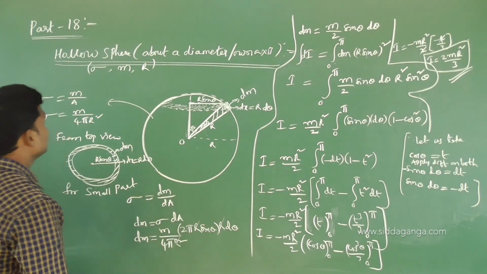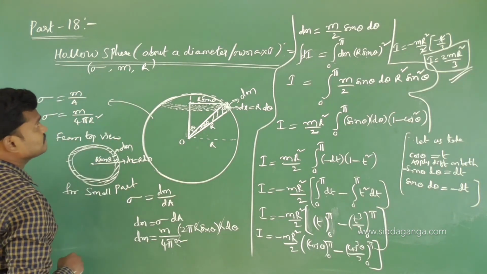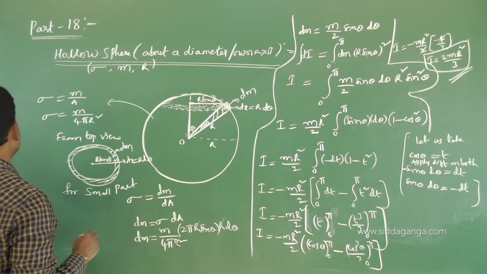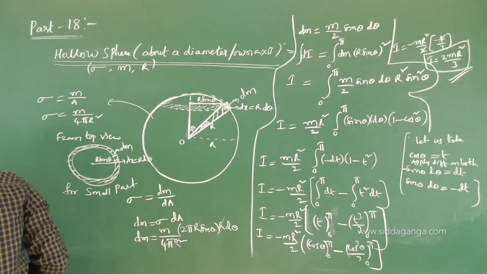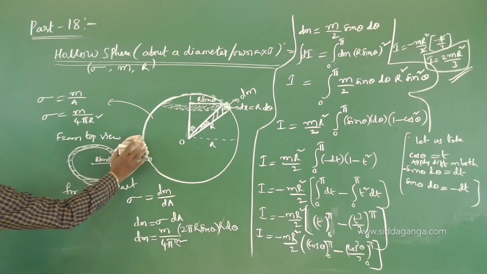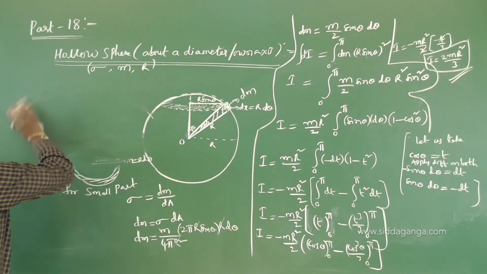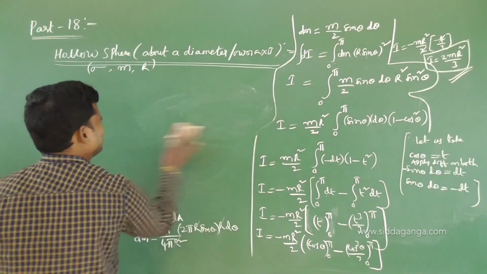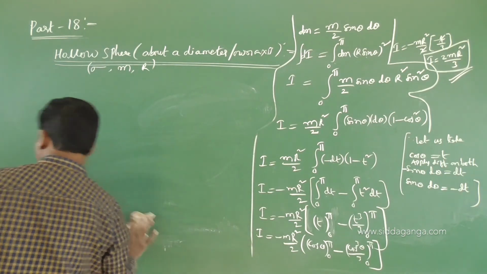Now see, let us write one more formula about this. So, about a tangent of a hollow sphere. About a tangent is very simple.